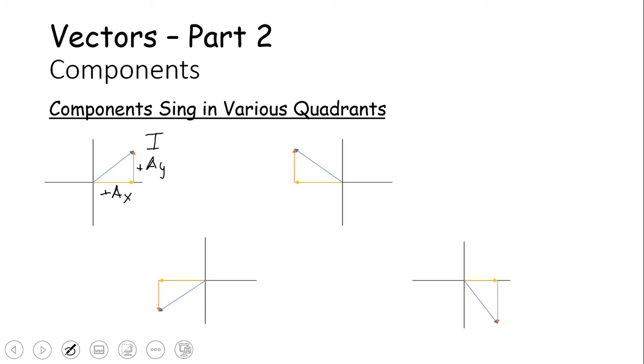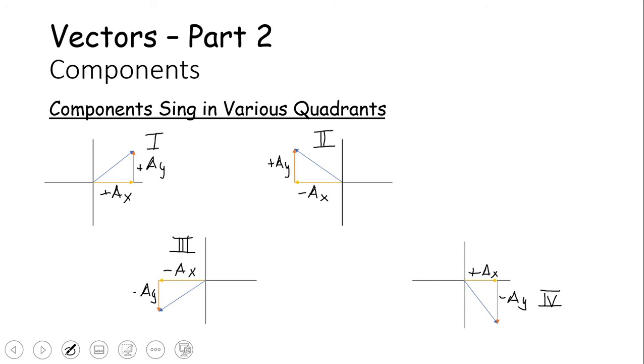For instance, in the second quadrant, the x component is negative because we're moving along the negative axis, and the y component is still positive. In the third quadrant, both of them are negative because we're moving along the negative x-axis and along the negative y-axis. And in the fourth quadrant, x is positive and y is negative.